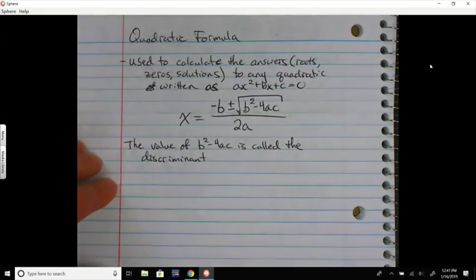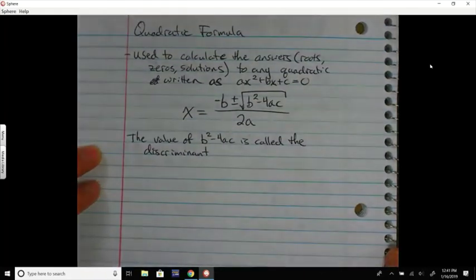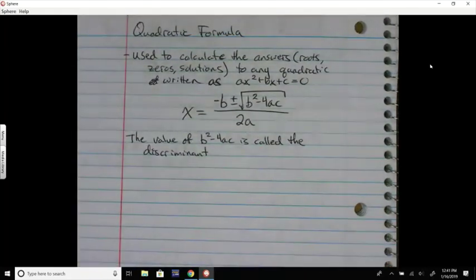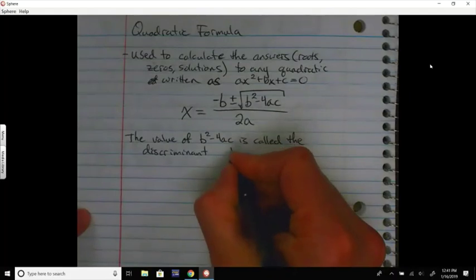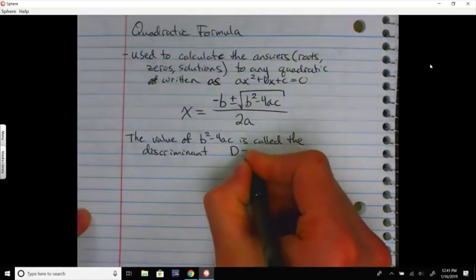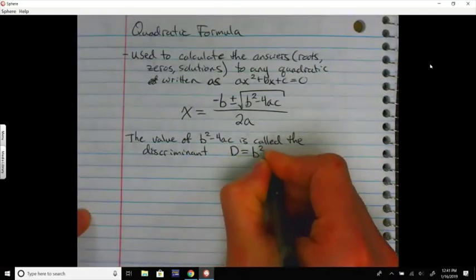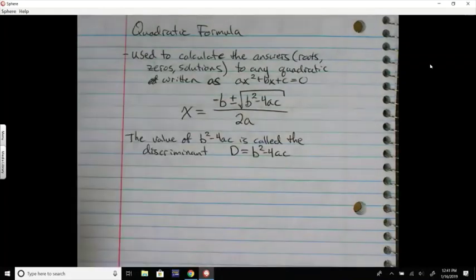We're going to discriminate with the quadratic formula. And we're going to have stereotypes, and we're going to be unpolitically correct. So what they say is D, uppercase D, the discriminant equals b squared minus 4ac.